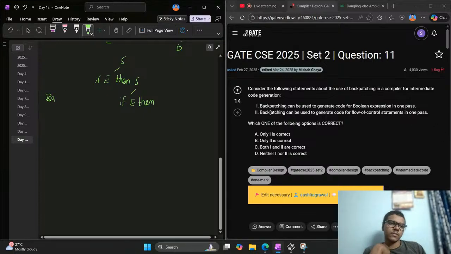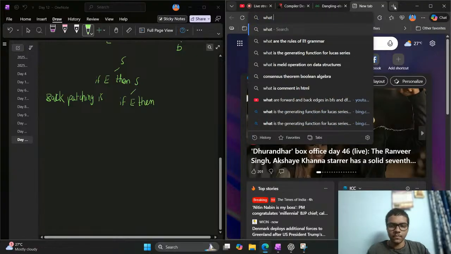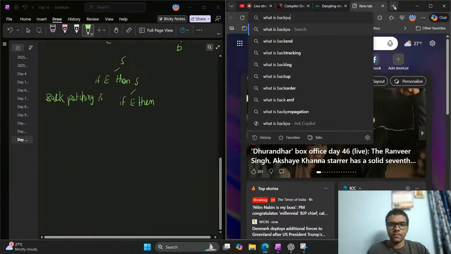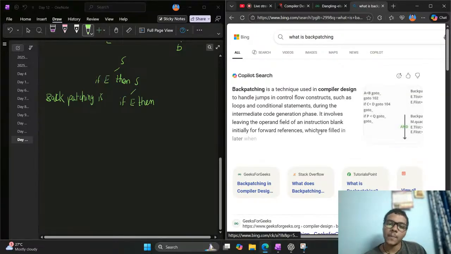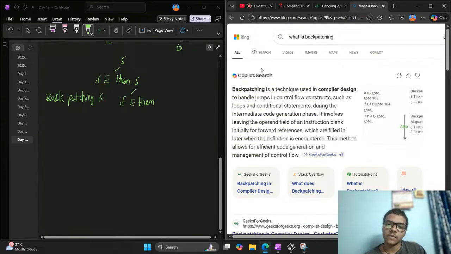So you need to know what backpatching is. Let's see. Compiler design: control flow constructs, loops and condition statements using intermediate code generation.